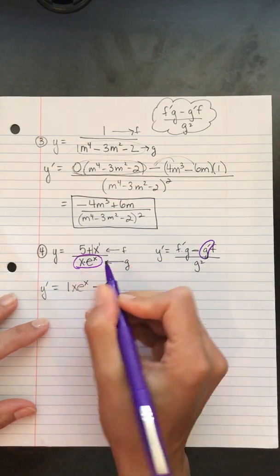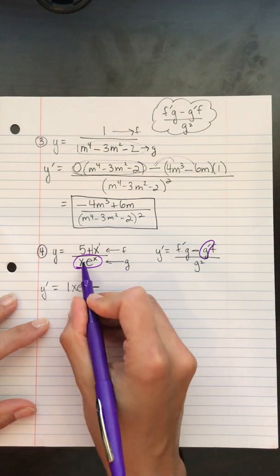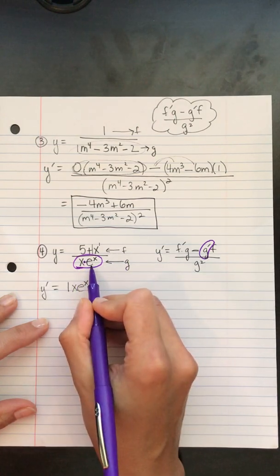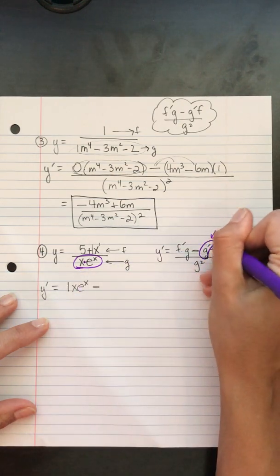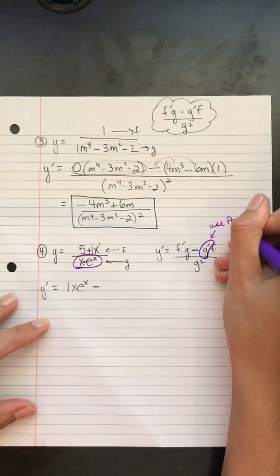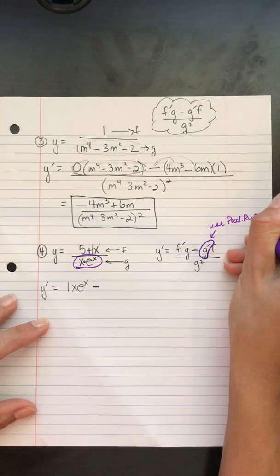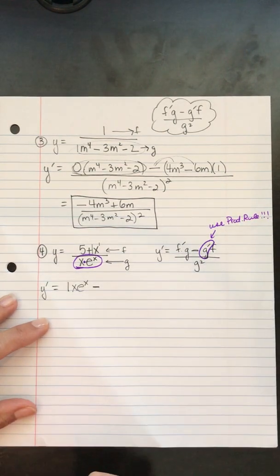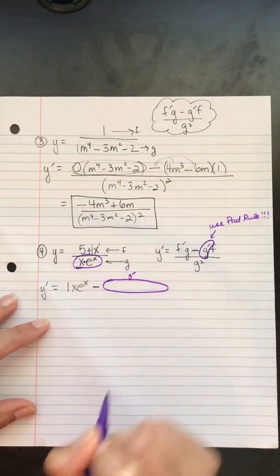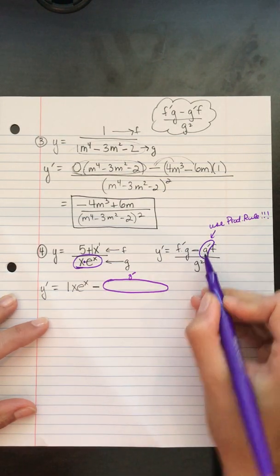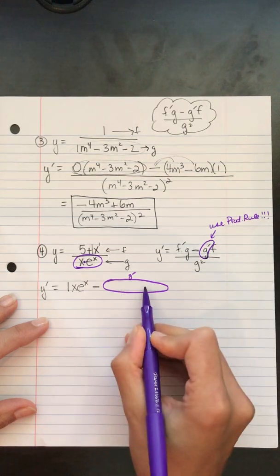you're gonna notice that g is a product. So how do you do g prime? You have to use the product rule. Okay, so for just this portion, that one, we have to do the product rule here.